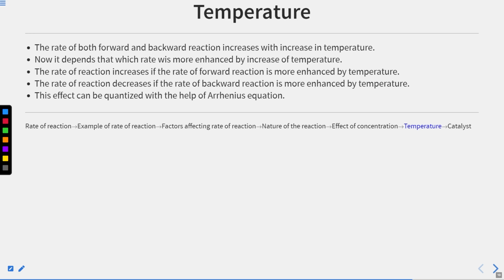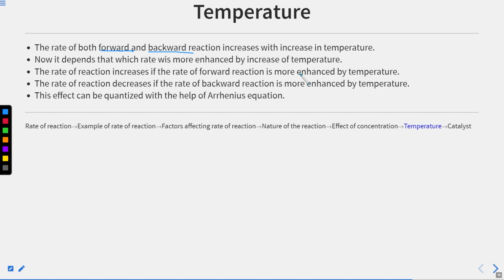Next, we will see what is the effect of temperature. I want to say that this temperature change is very significant in the rate of reaction. We'll see more about this, but I'm just giving you an introduction. What is the effect of temperature on the rate of reaction? If we increase the temperature, the rate of both forward and backward reaction increases.